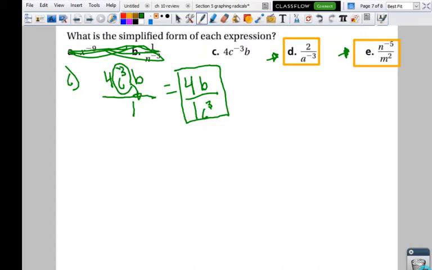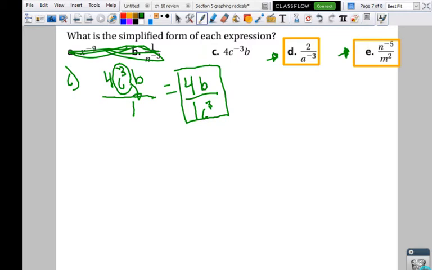So 2 stays on top. The 2's not going to change, right? There's no negative. So we got 2, and A to negative 3 flips to the top. And when it flips, the negative goes away. 2A cubed.